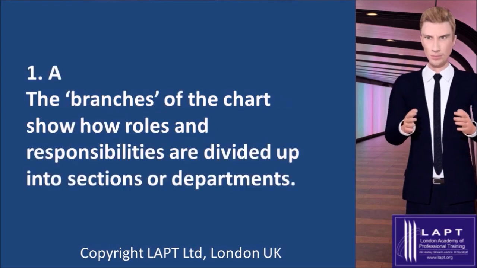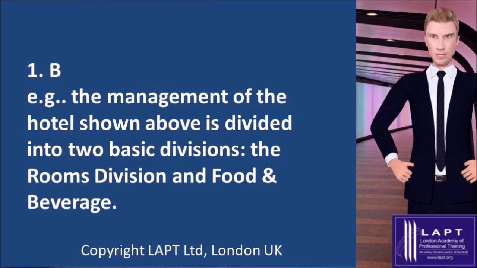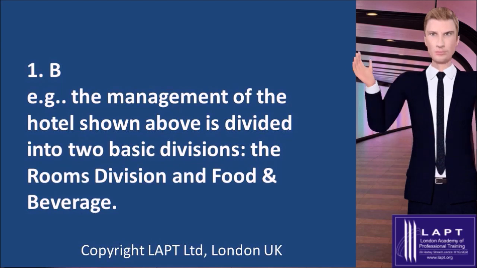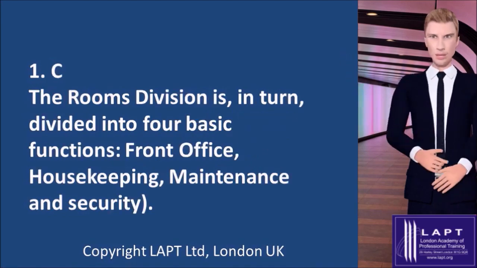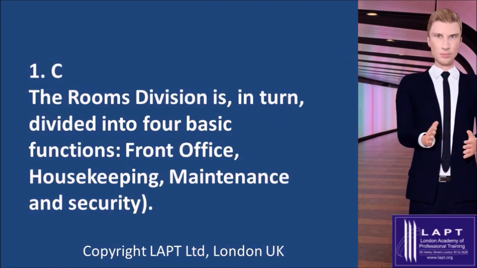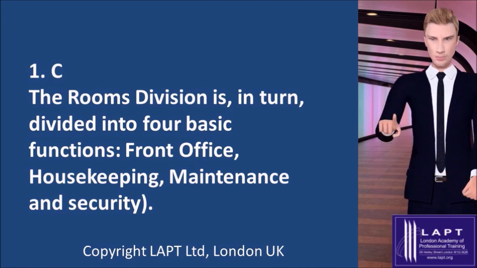The branches of the chart show how roles and responsibilities are divided up into sections or departments. For example, the management of the hotel shown above is divided into 2 basic divisions, the rooms division and food and beverage. The rooms division is, in turn, divided into 4 basic functions: front office, housekeeping, maintenance and security.